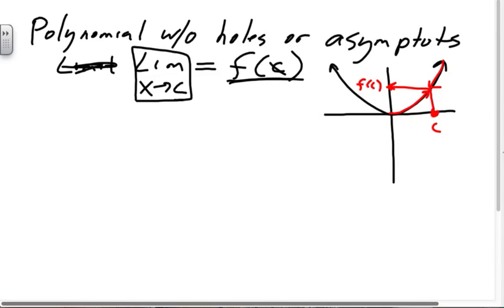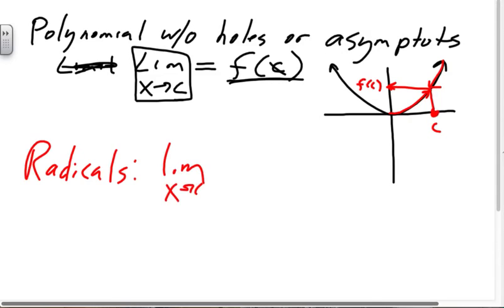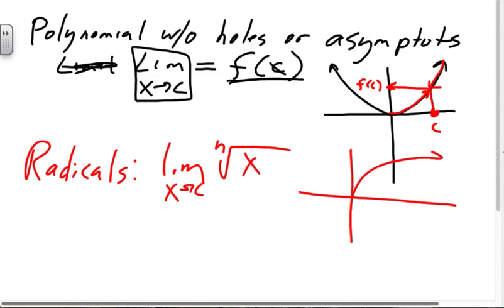Okay, for radicals. So if I want to find the limit as x goes to c of some root of x, okay, and if you remember, radicals tend to look like, at least the parent functions, like this.